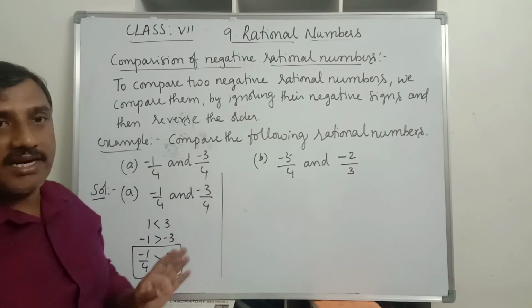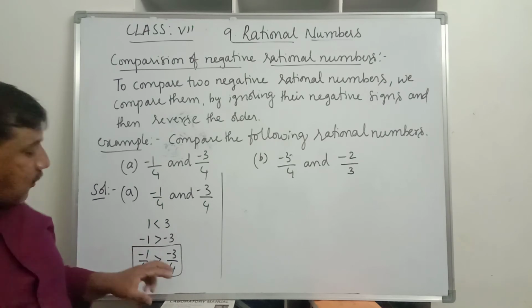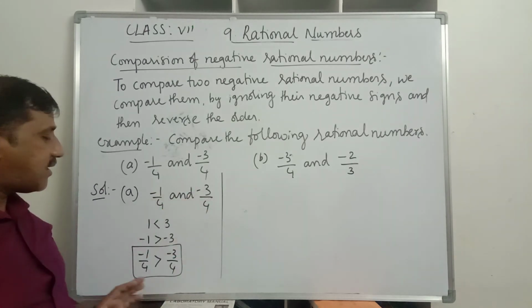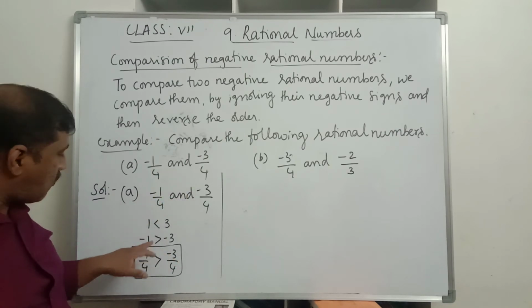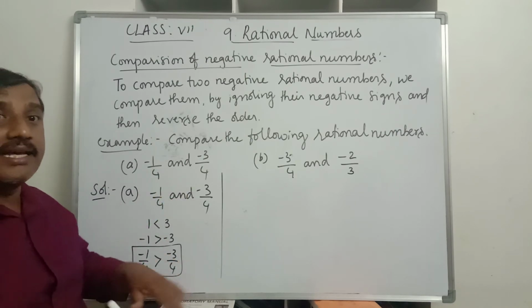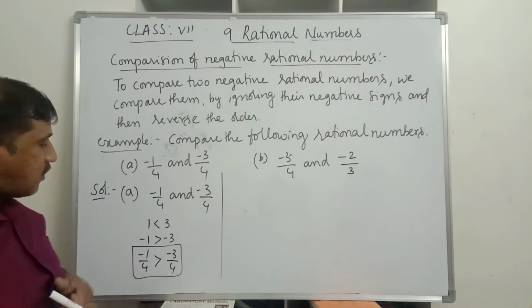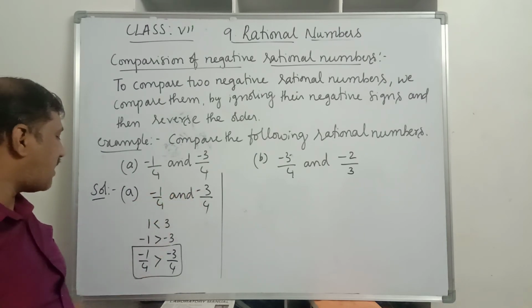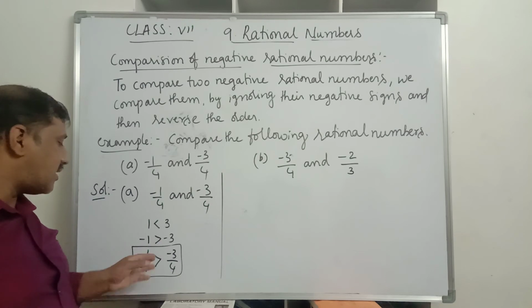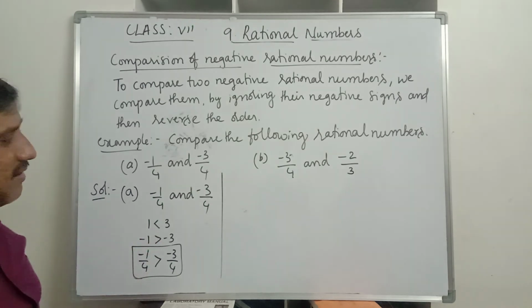If the denominators are same, you ignore the negative signs of the numerators and compare them, that is 1 and 3. Here we know 1 is less than 3. Then you reverse the order. When we reverse the order, the signs will change. We get minus 1 and minus 3. That is minus 1 by 4 is greater than minus 3 by 4.